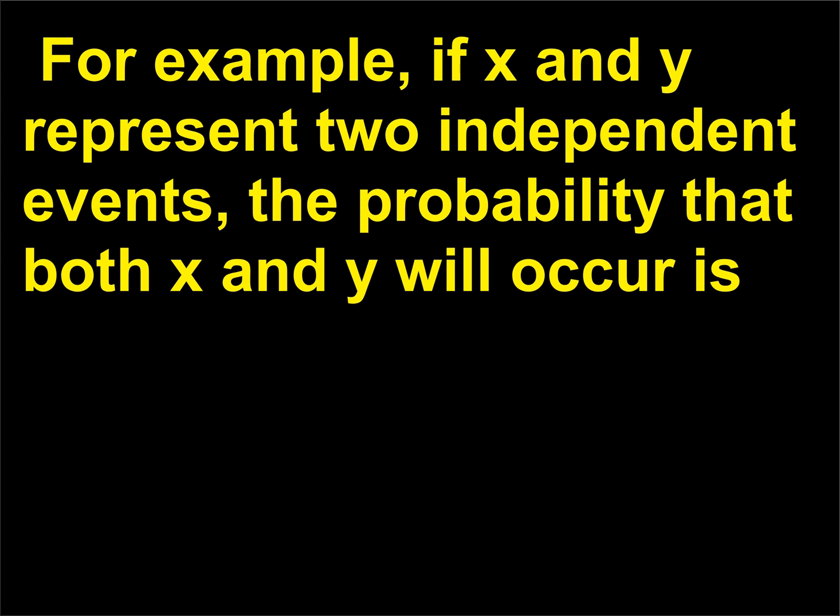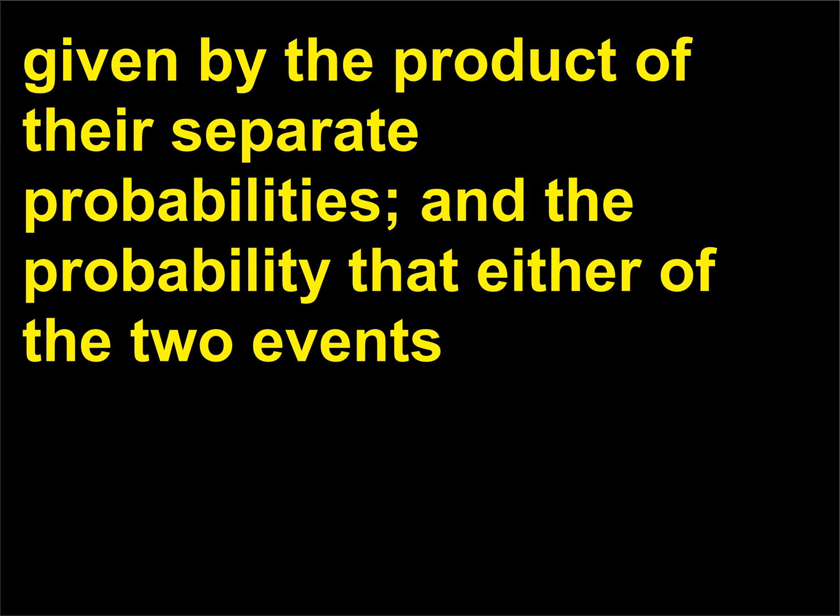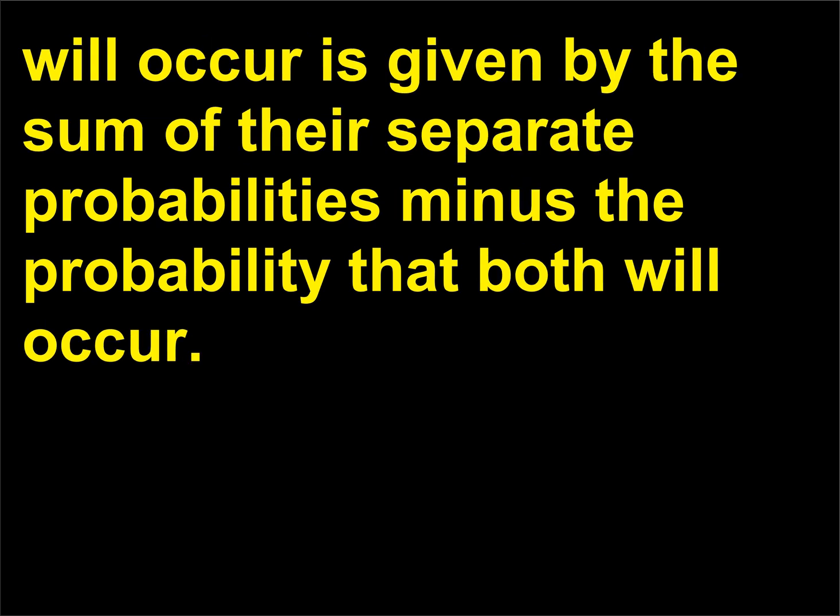For example, if x and y represent two independent events, the probability that both x and y will occur is given by the product of their separate probabilities, and the probability that either of the two events will occur is given by the sum of their separate probabilities minus the probability that both will occur.